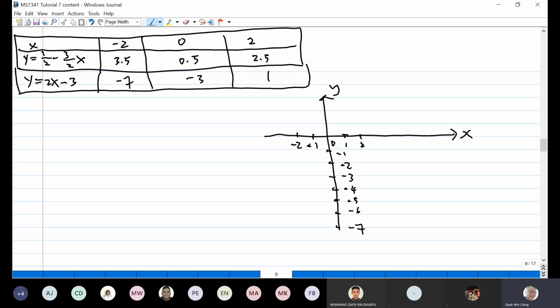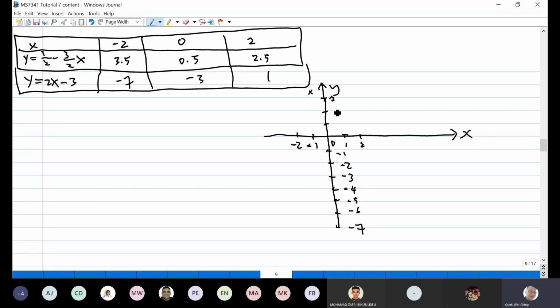So the first point, when x equal to minus 2, y equal to 3.5. 3.5 is somewhere here, so I can go up further on the y-axis. So minus 2, 3.5 is somewhere here.